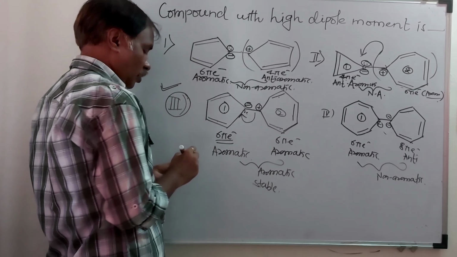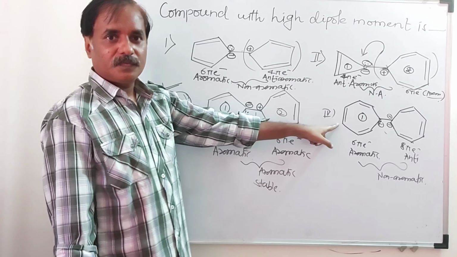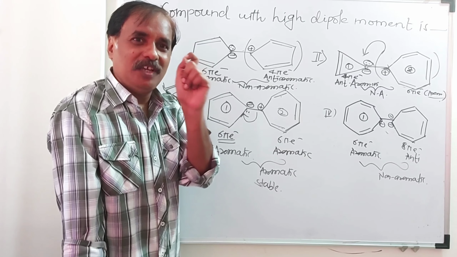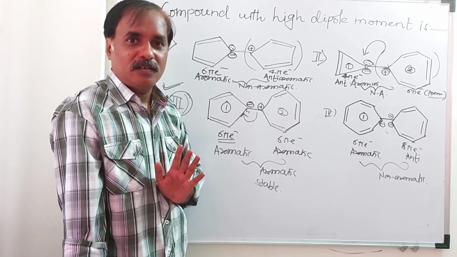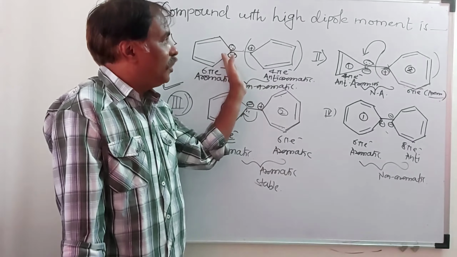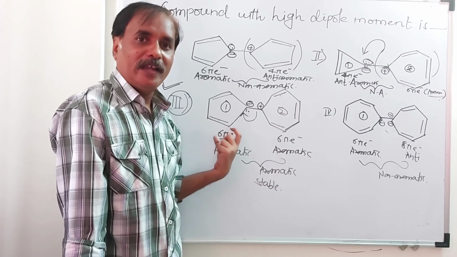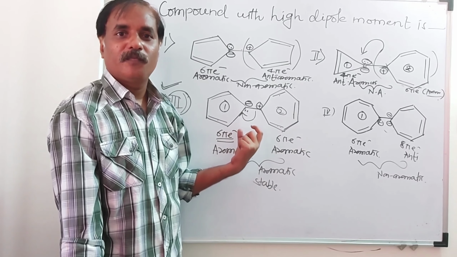In the case of first, second, and fourth, there is no polarization, or if any, there will be partial polarization only for a fraction of a second, isn't it? So these are non-aromatic. The third one is aromatic. It is more stable due to polarization. And the answer is the third one.